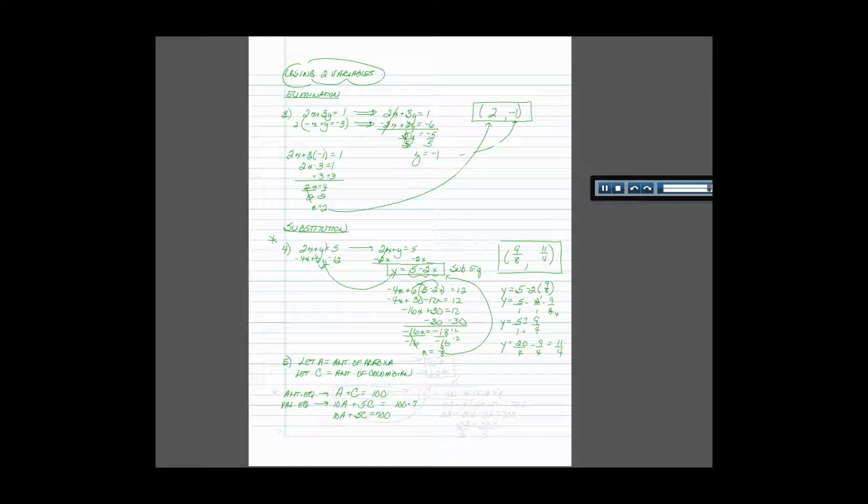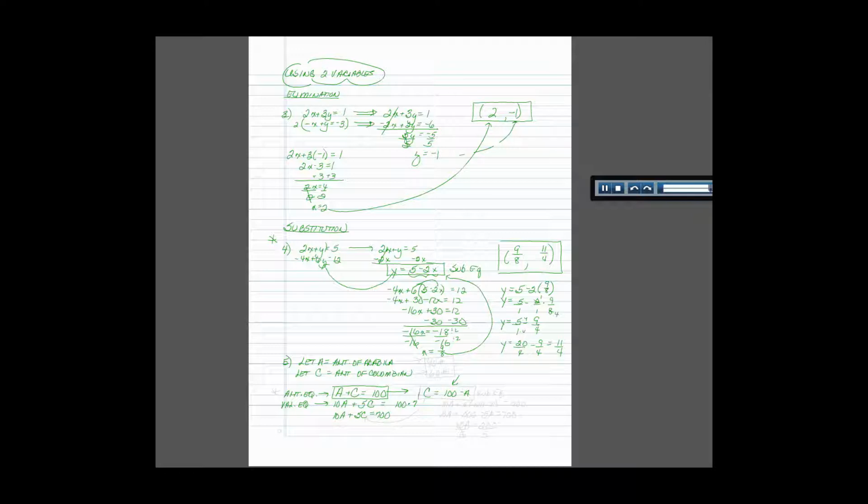I'm going to use the substitution method, and take this equation and solve it for C. C would equal, subtract an A from both sides, 100 minus A. Notice, that's exactly what we did when we did it with one variable. We just jumped right to this without showing that amount equation first. So they're really the same thing.